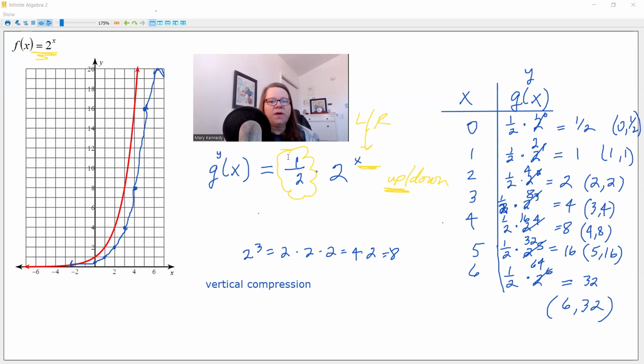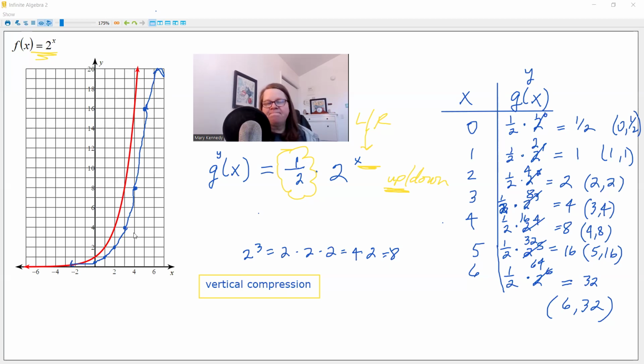And that comes from this 1/2, this number being less than 1, that fractional part between 0 and 1 is going to make this be compressed down. If you think of this blue graph as a pushed down version of the original red one, then that might help you think through that. So that's how you would describe it: there's been a vertical compression of 1/2.